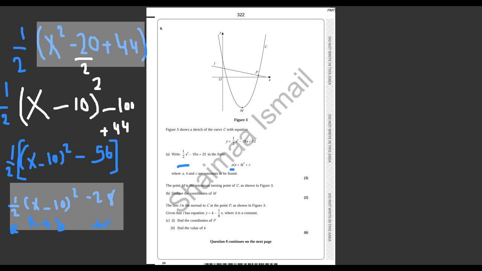So a is equal to half, b is equal to negative 10, and c is equal to negative 28. Okay, let's see the next.